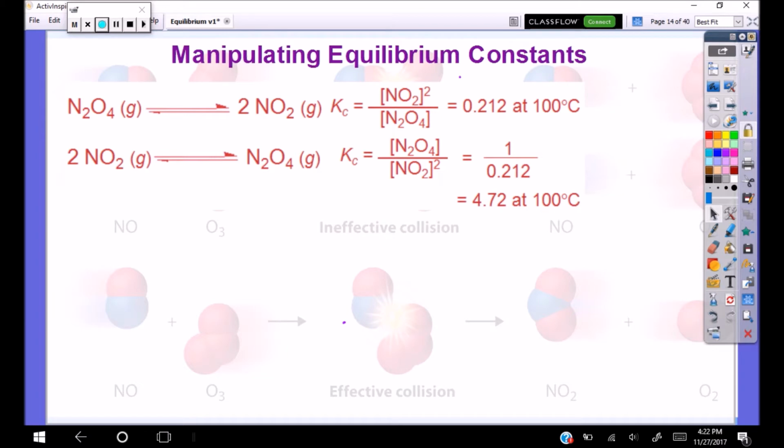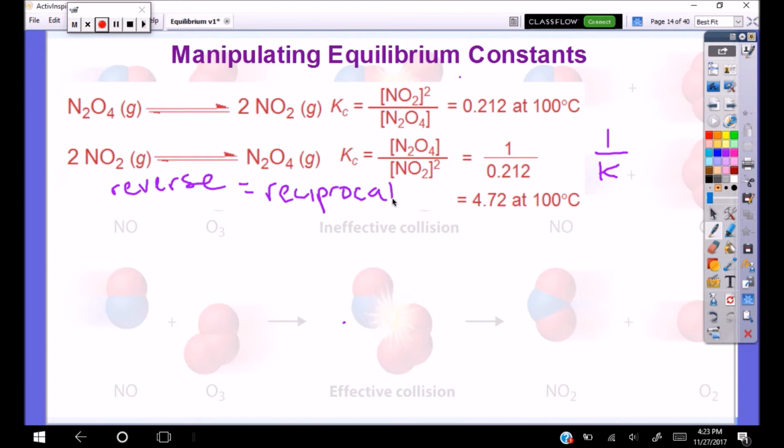If we go in the reverse direction, so I'm going to make a note here that this is showing the reverse, our equilibrium constant in the reverse direction will be 1 over K. So it's the reciprocal. Nice thing is it's easy to remember, reverse and reciprocal both begin with R. Okay, so that one's easy.